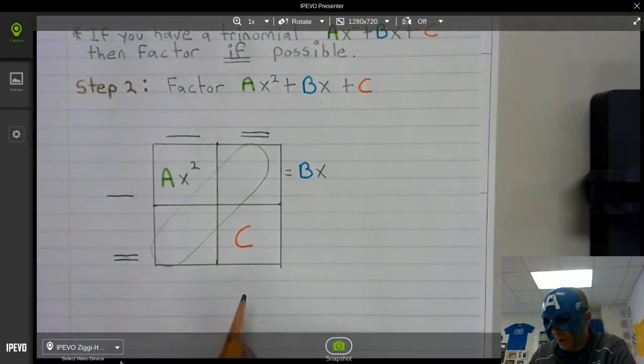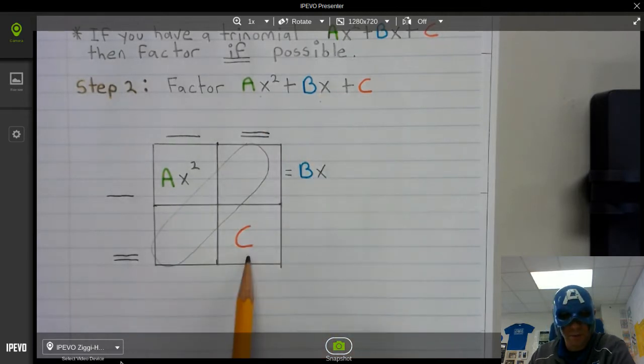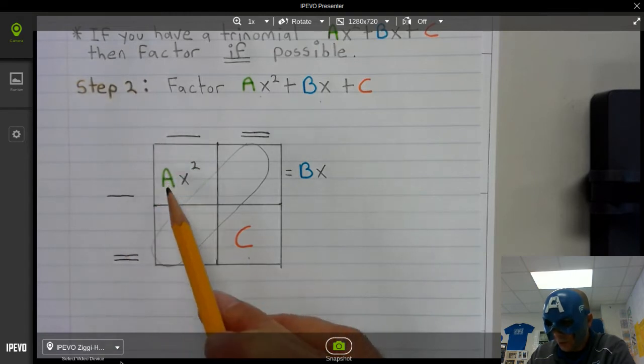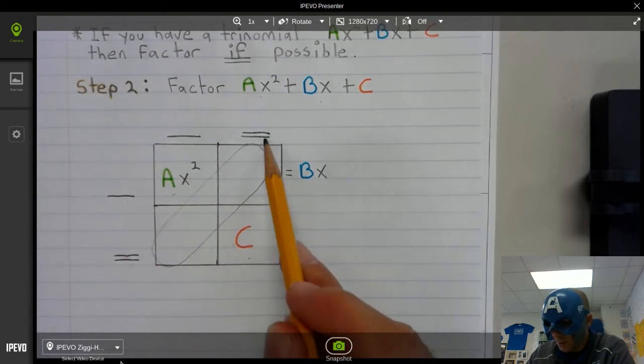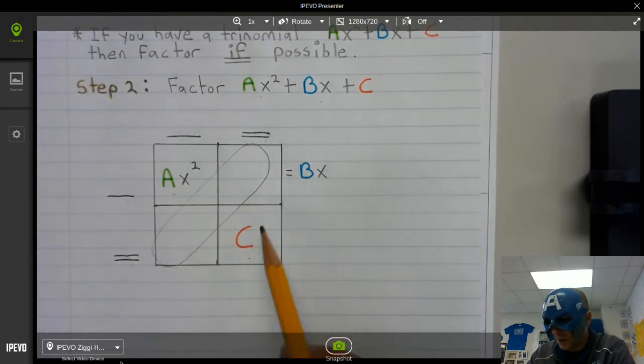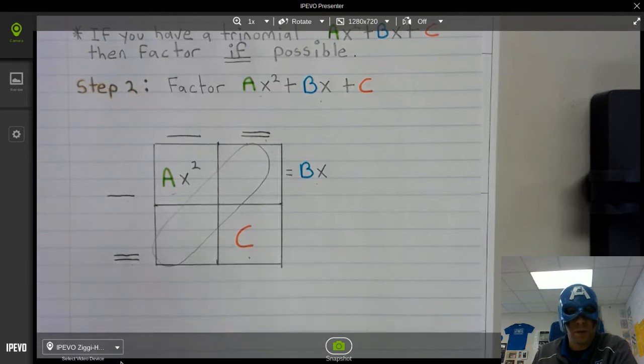So you take ax squared and c and put them in the box. Now you ask yourself, what terms multiply to give you ax squared? Then what terms multiply to give you c, but combine to be bx? So if you would, update your notes.